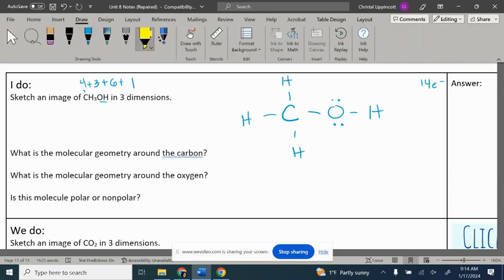They have specified the carbon. So you are looking at the geometry around here. You have a central atom with four things connected to it. What is the geometry when you have a central atom and four things connected to it? Four atoms. Yep. Merrick? Tetrahedral.